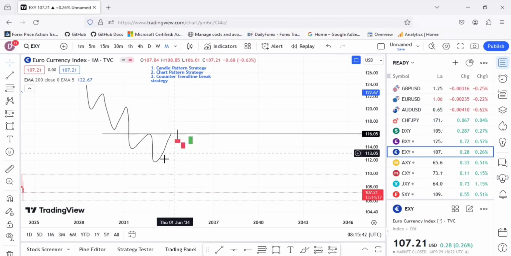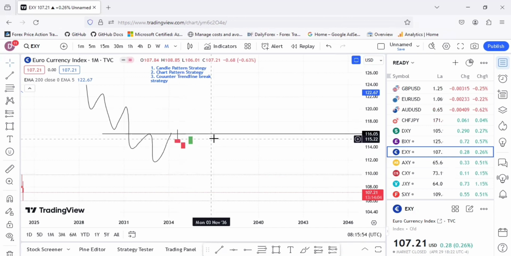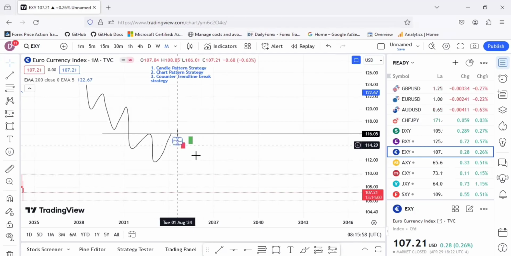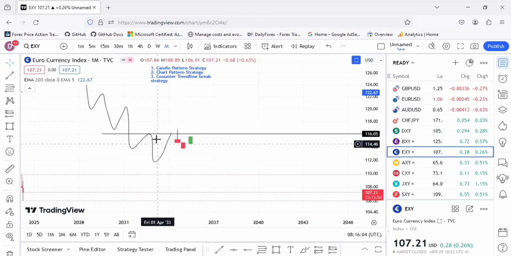When you see it, then you can enter. That is one of the signs that the price will drop. Another one I'm going to talk about under the candle pattern strategy is the engulfing. We have bullish engulfing and bearish engulfing.